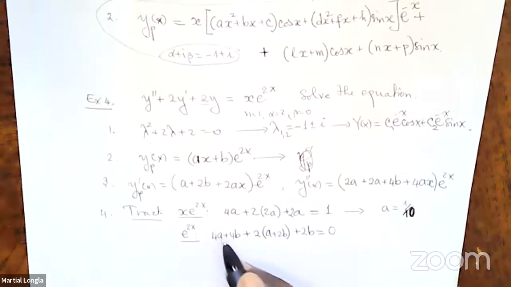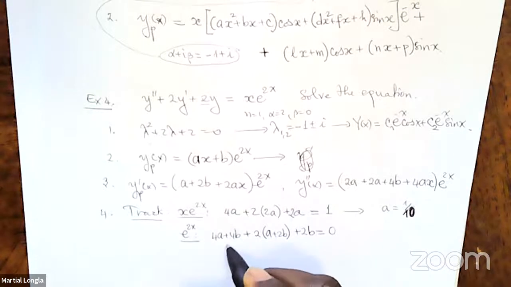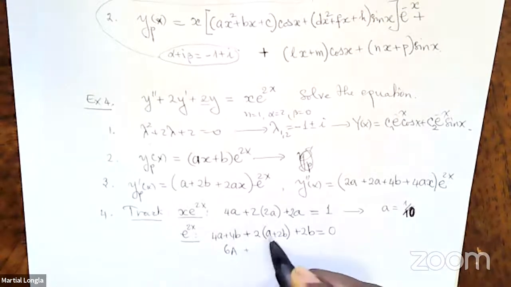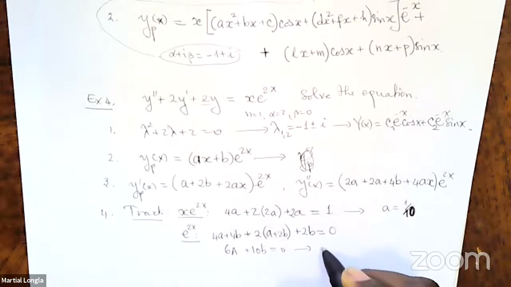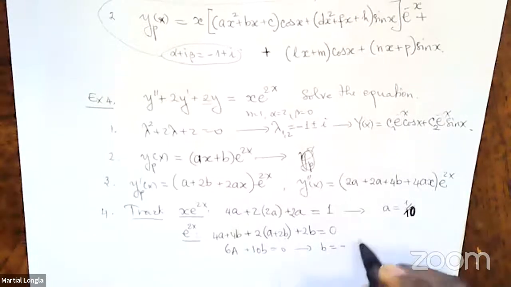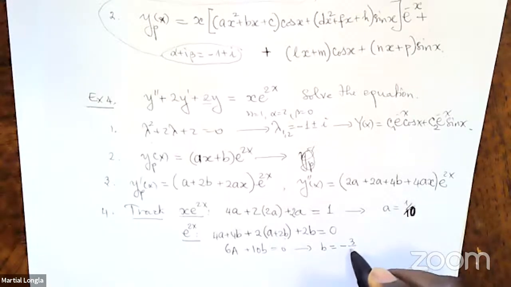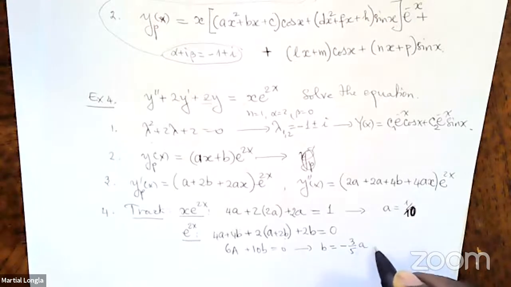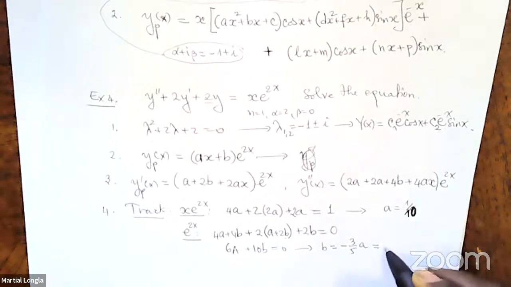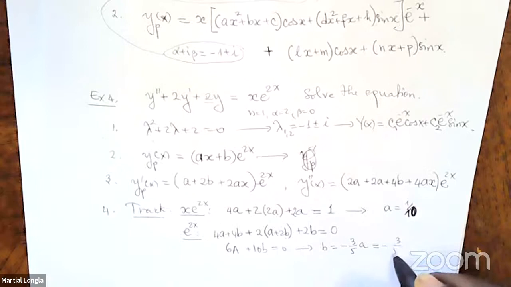So this is 4a, 2a, that's 6a, 4b, 4b, 8b's, and then b, 10b's equals 0. So you get b equals minus 3/5 a. So that's minus 3/50.